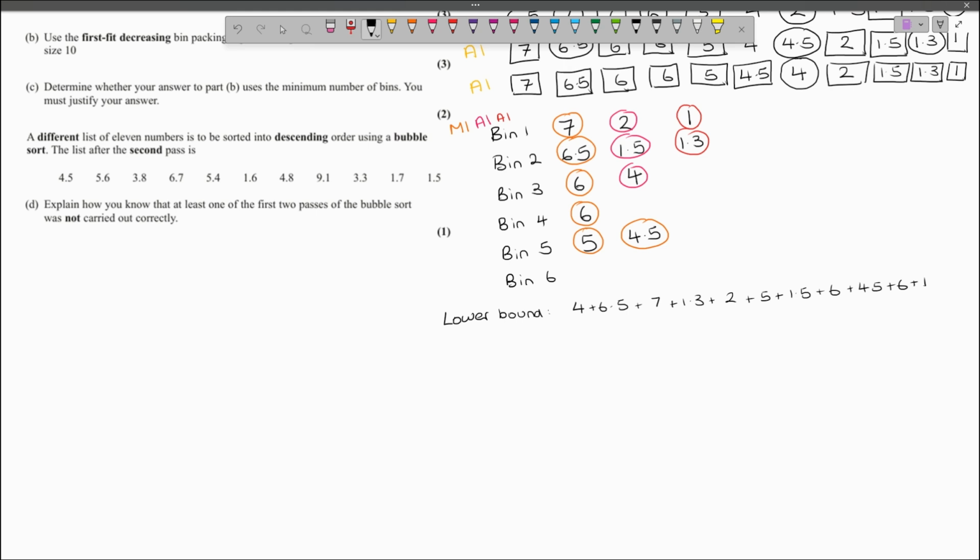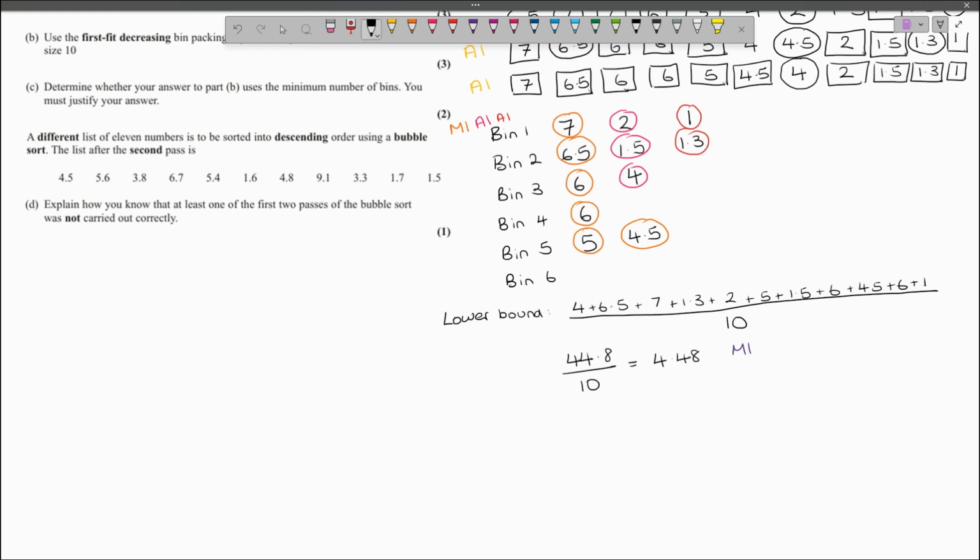So we're going to divide this by 10. So we're going to calculate this. This is going to be 44.8 divided by 10, which is equal to 4.48. And doing this calculation will give you your first method mark. So this is going to be an M1 right here.